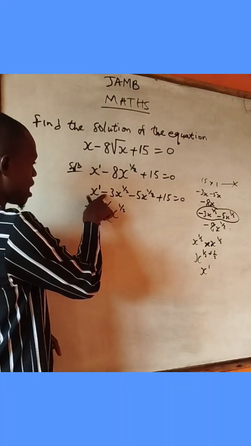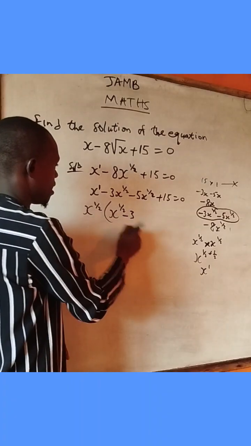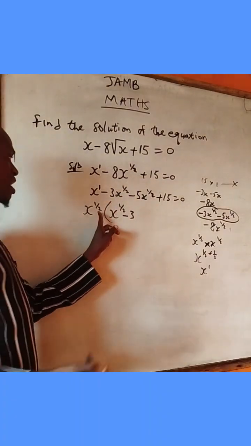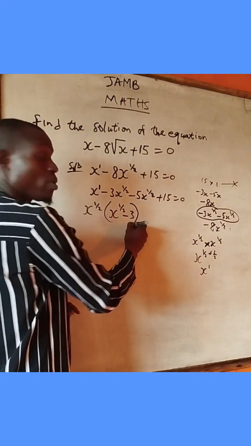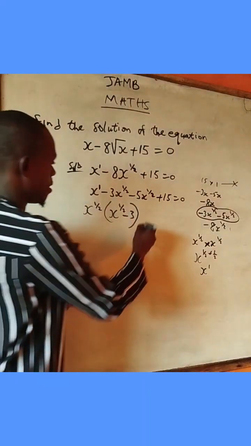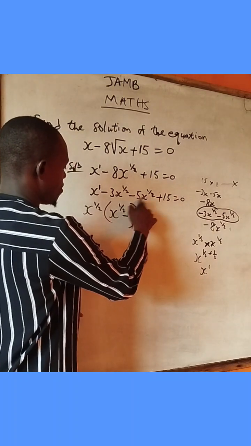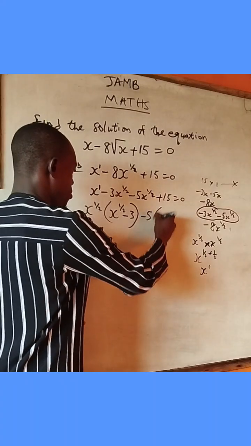So we have minus 3 here, minus 3 here. This x raised by 1 over 2 is outside here, so you don't have to put it in the brackets. So close the brackets. So this one is minus, and the 5. So open the brackets.